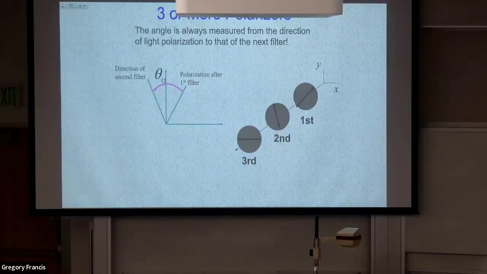And then if I go from this polarization axis to this one, now the angle that I want is from this angle to that angle, from 2 to 3.